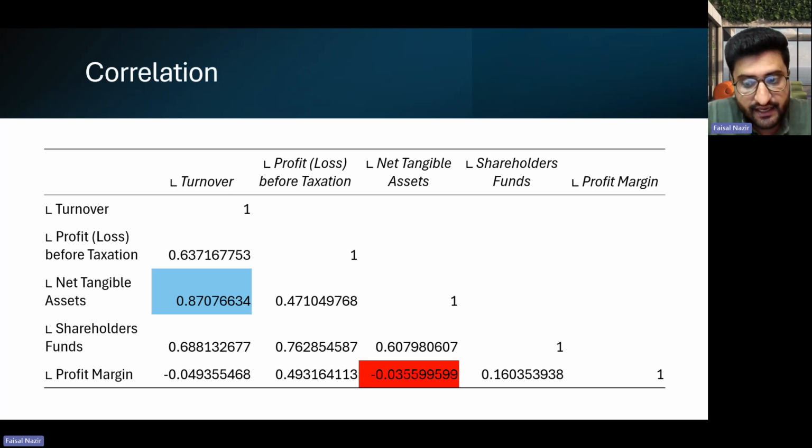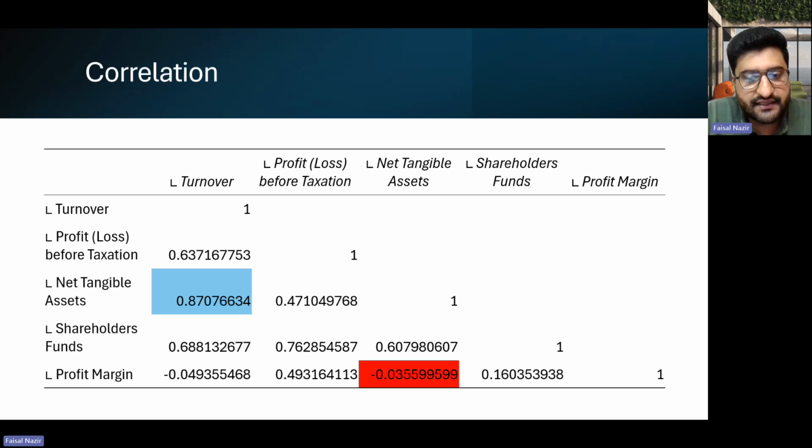This suggests that as net tangible asset increases, turnover tends to increase as well, likely implying that the company's physical assets contribute significantly to generating revenue. This strong correlation may highlight the importance of tangible assets in driving the company's business performance.